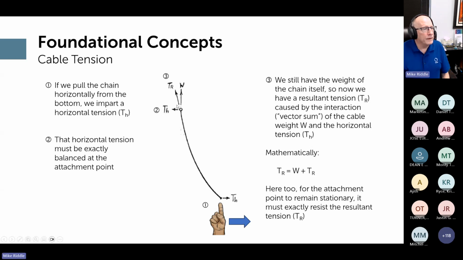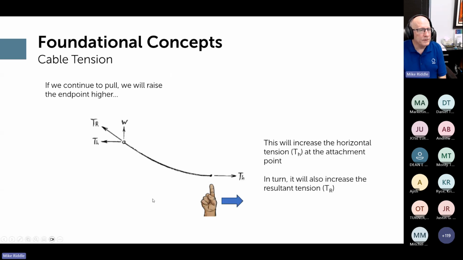So again, the attachment point is resisting effectively the resultant tension, which is to say both the weight and the horizontal tension. If we continue to pull on the cable, we're increasing the horizontal tension and we're increasing the resultant tension as well.